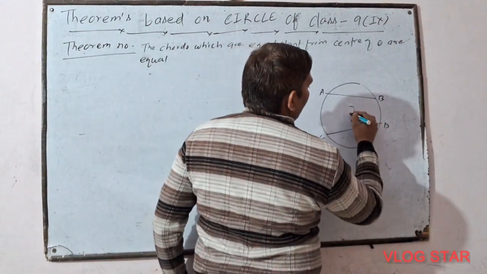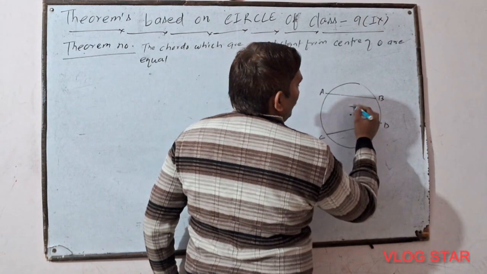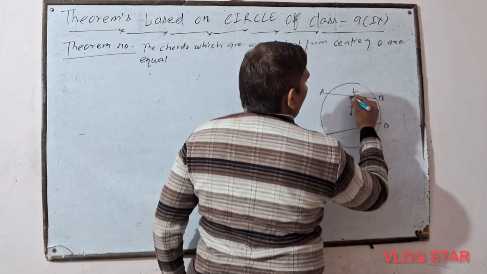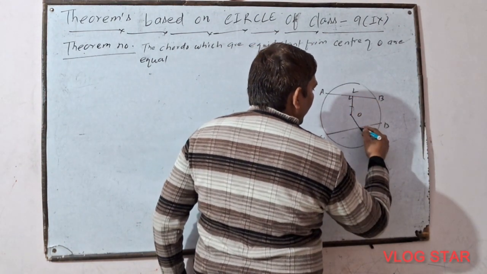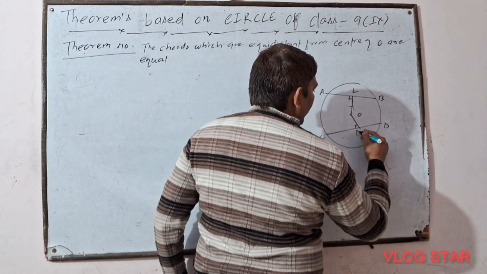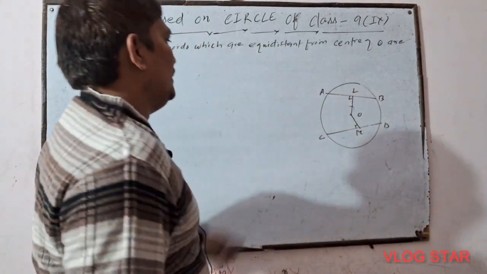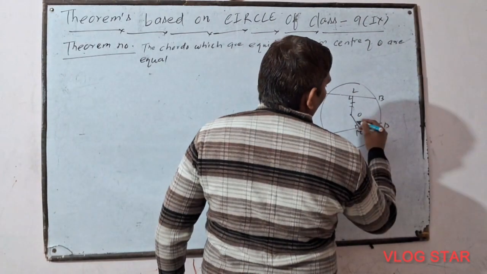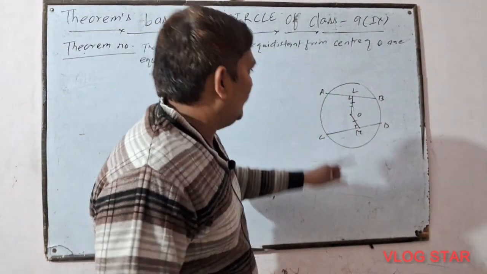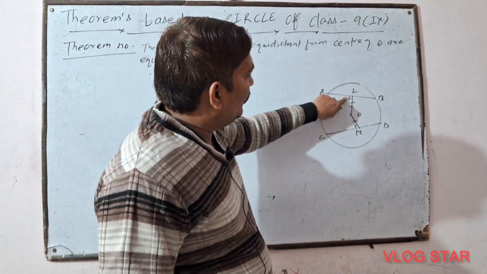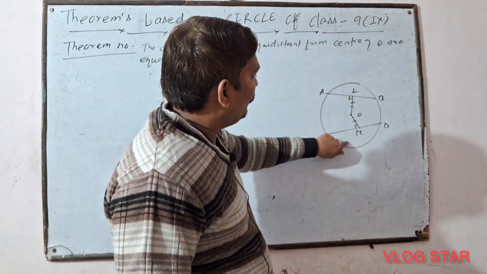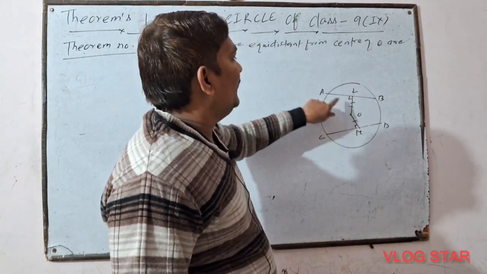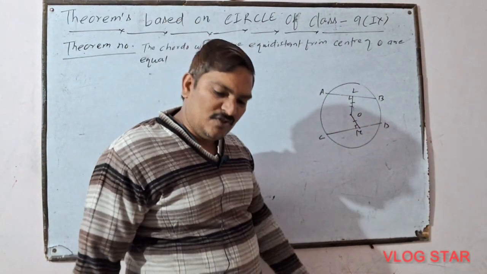Now this is the center of circle O. Now OL is perpendicular to AB and OM is perpendicular to CD and also OL equals OM. Then we have to prove that AB equals CD.